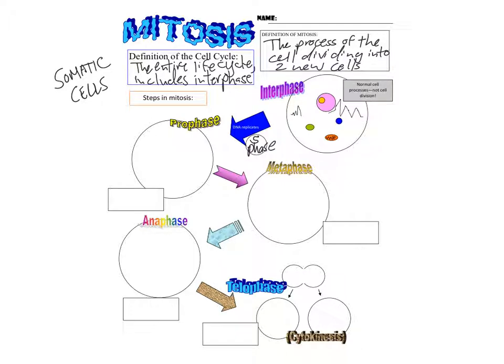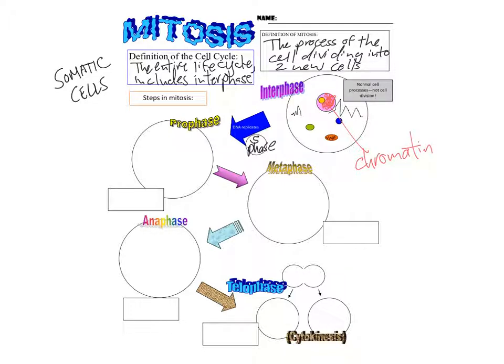All right, the first phase of mitosis is called prophase, and this is where the DNA will now form chromosomes. At the beginning, while the DNA is in interphase inside the nucleus, it just looks like a bowl full of spaghetti, and that's called chromatin.